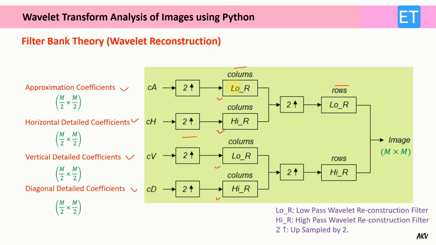Here the filters are different than the filters used in the decomposition. So here the filters are reconstruction filters, and in the previous decomposition they were decomposition filters, so their impulse responses are different. And then at the output of this reconstruction we get our image back of the same size.